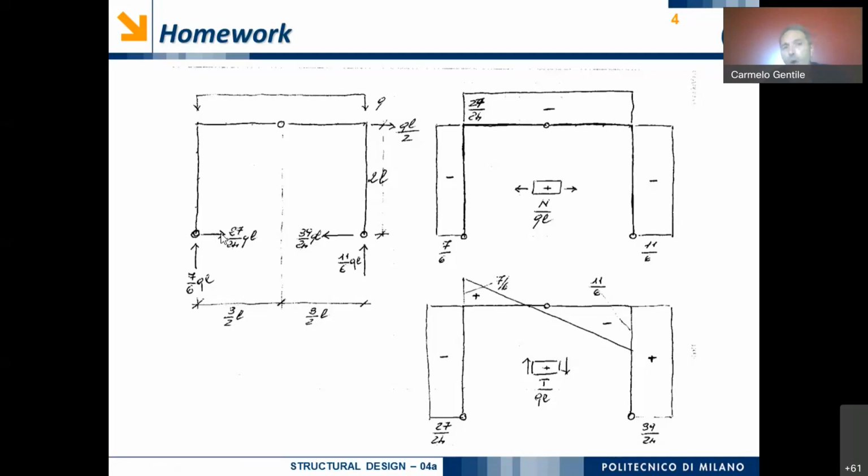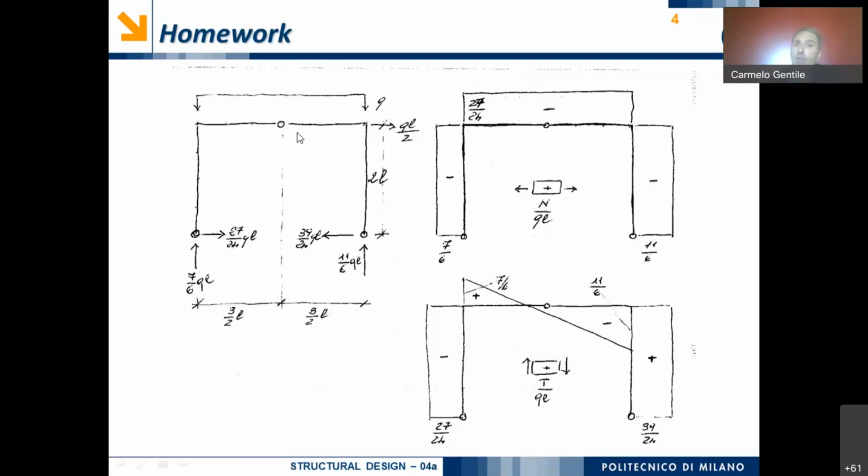So on the left-hand side, minus value equal to 27 over 24. And on the right-hand side, plus value, which is equal to 39 over 24, okay? In this case, the positive convention for the shear action is the one in which a piece of our beam is rotating in clockwise way.